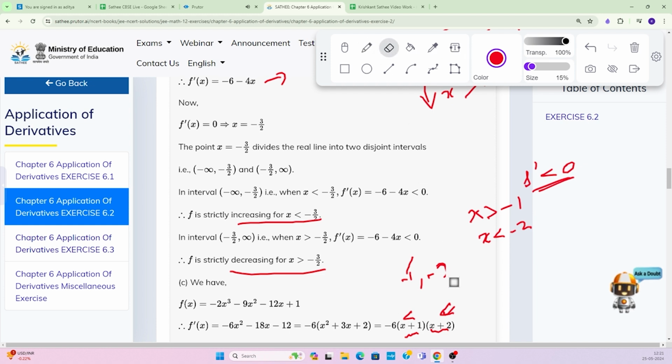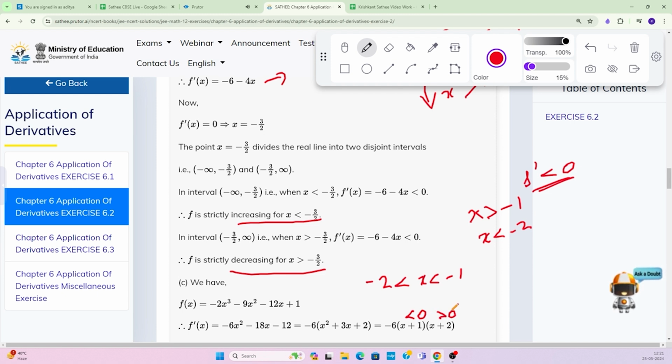So far so good. But what about the interval minus 2 to minus 1? Taking in-between values, if x is less than minus 1, then this factor will be negative, but the other will be positive.